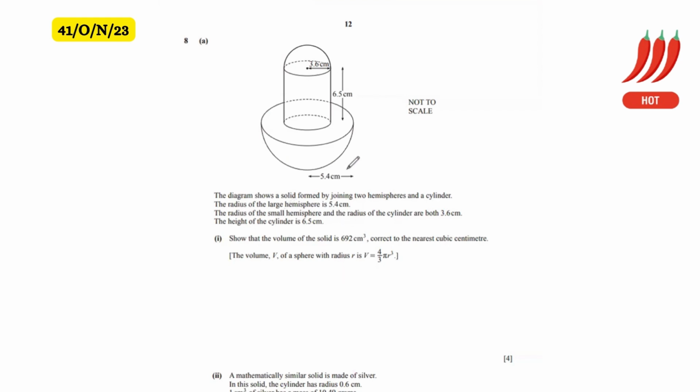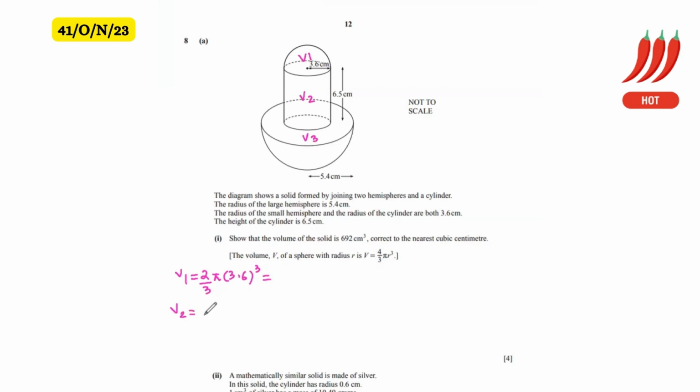So we need to find the volume of the top hemisphere, the bottom one, and the cylinder in the middle. So this is V1, V2, V3. So V1 is going to be 2 over 3 pi, because sphere is 4 over 3, so hemisphere is 2 over 3, pi r cube. So that's 3.6 cube.